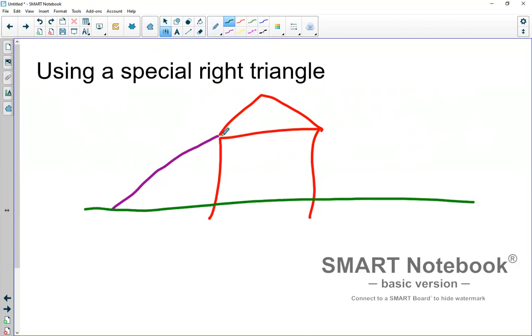The problem will probably say something like a 30-foot piece of wood leaning on the barn at a 30-degree angle of elevation. How high up does it reach the barn? There's going to be some question like that.